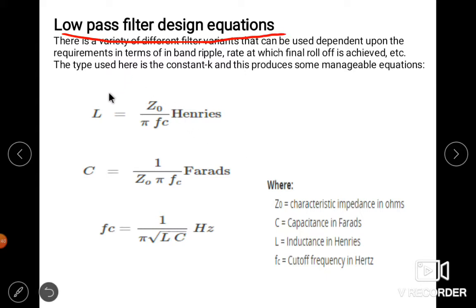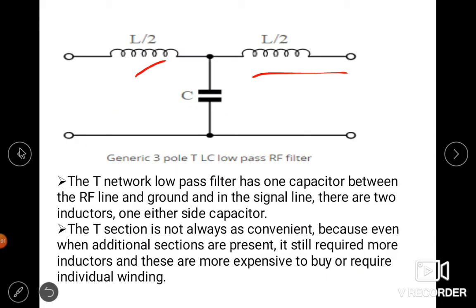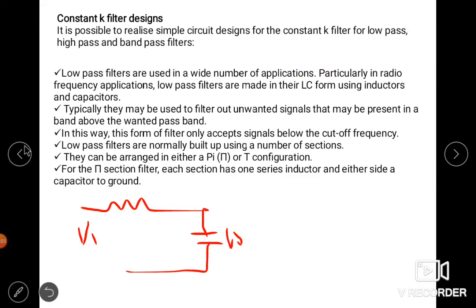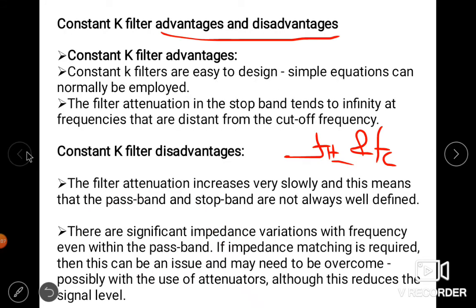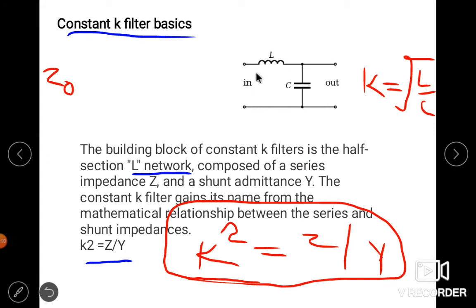These are basically nothing but a variety of different filter variations that can be used depending upon the requirement in terms of band ripple. So I have mentioned here, once we have the low pass filter design equation, come to this circuit. See, this is L and this is C.